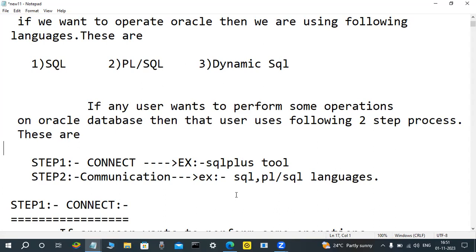Step 1, connect. Example, SQL Plus tool. Step 2, communication.